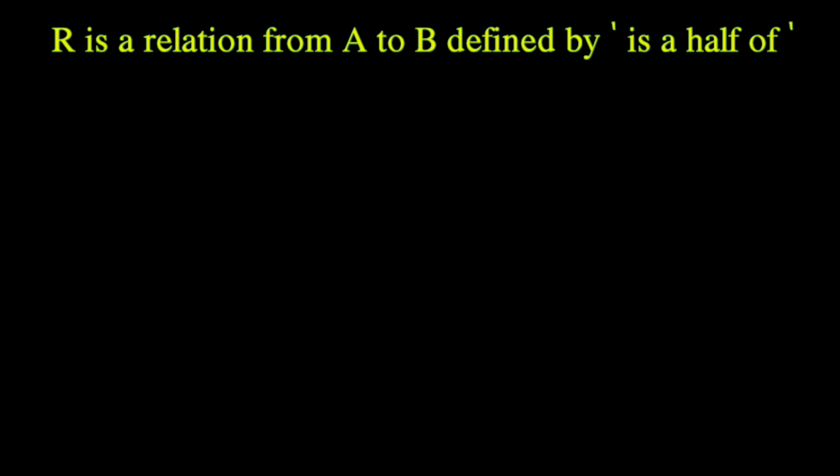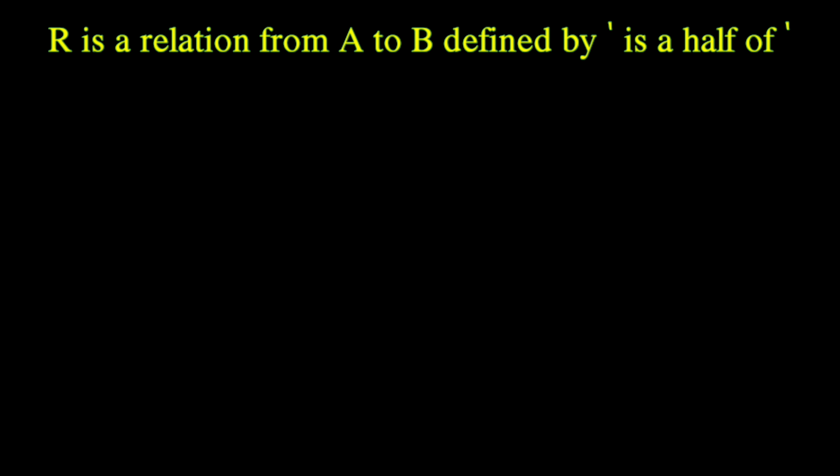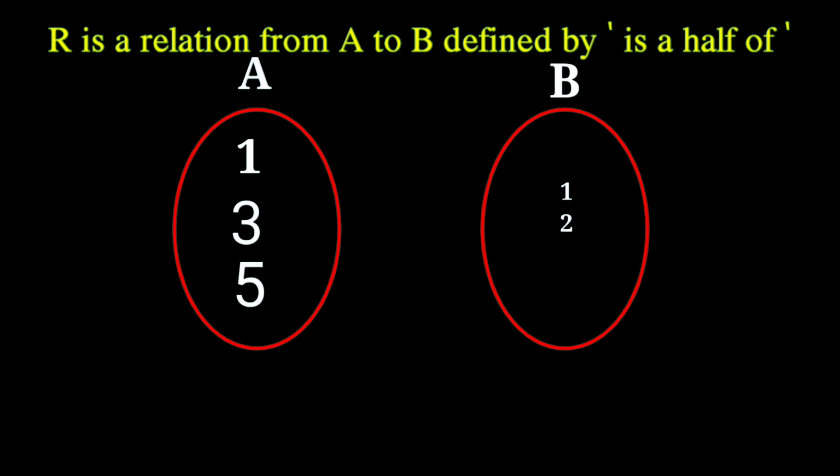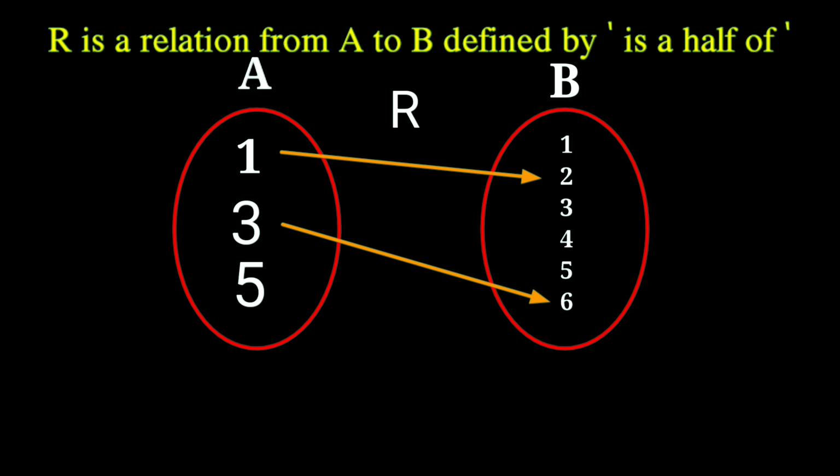R is a relation from the set A into set B defined by the property "is half of", where A is equal to set of 1, 3, 5 and B is equal to set of 1, 2, 3, 4, 5, 6. Now let us show this relation through the arrow diagram like this.